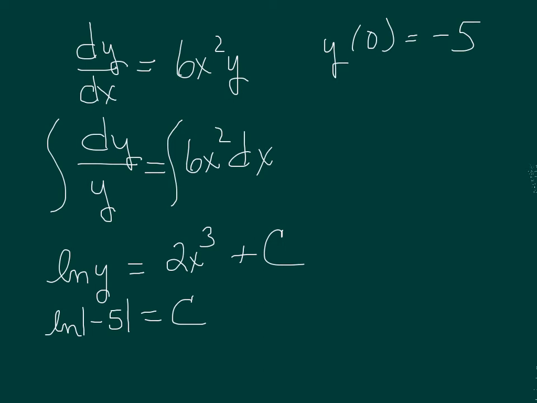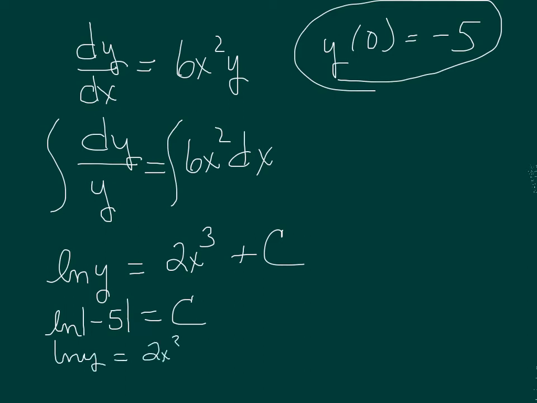That's C. So let's go back and rewrite it. We're going to have the natural log of y equals 2x cubed plus the natural log of the absolute value of -5.